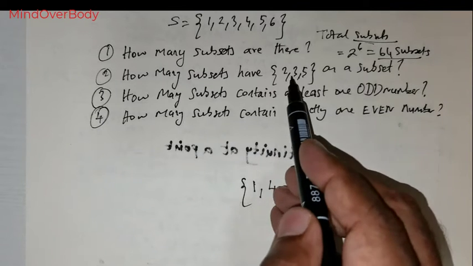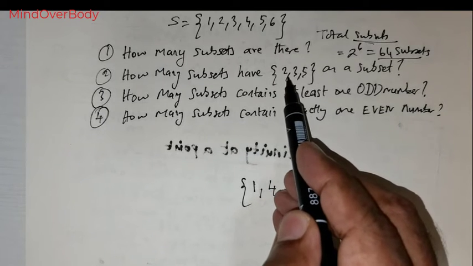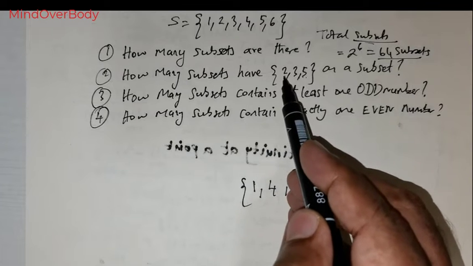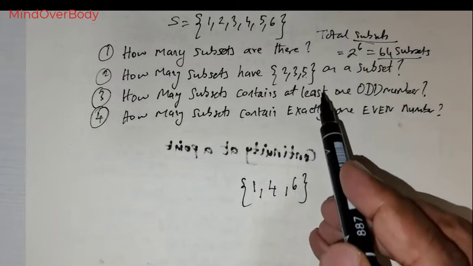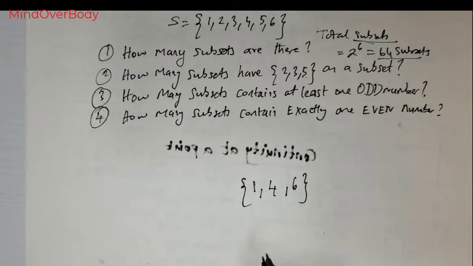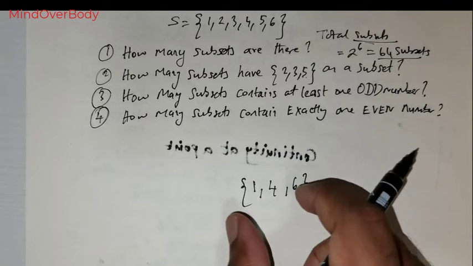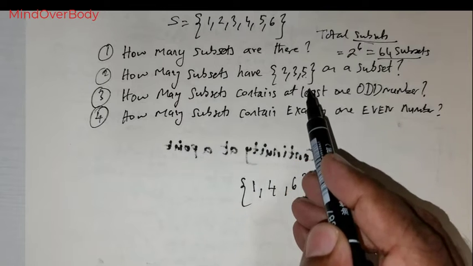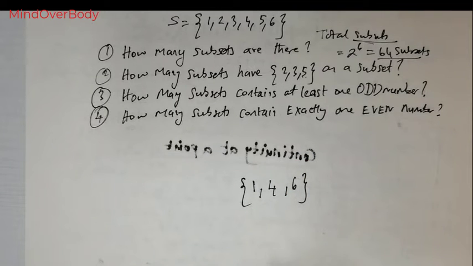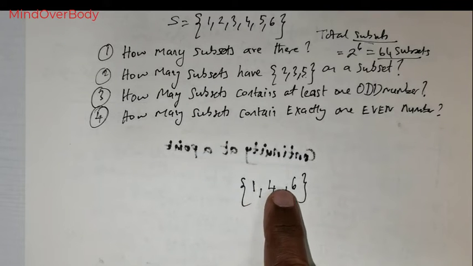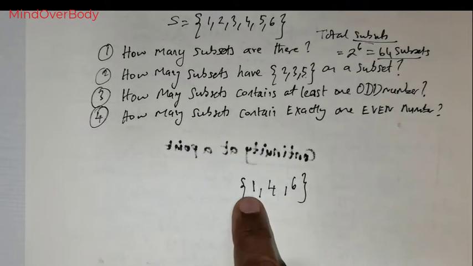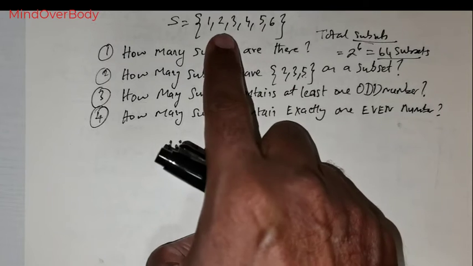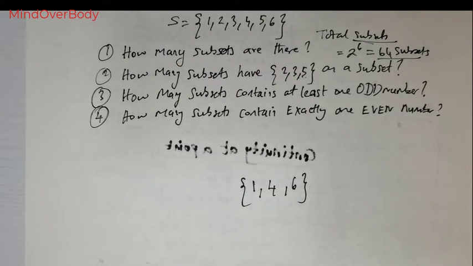So in this case, if you are going to write all the subsets of {2, 3, 5}, definitely {2, 3, 5} will be one of the subsets.